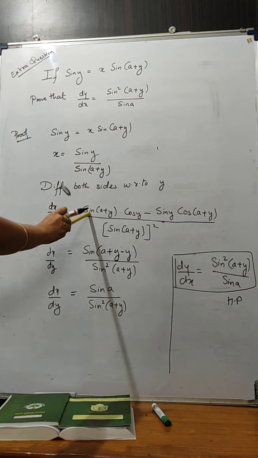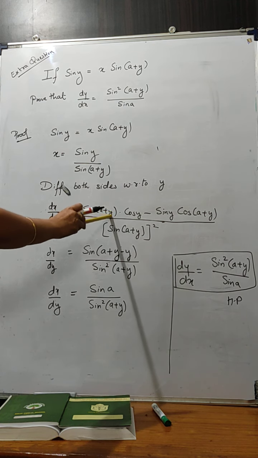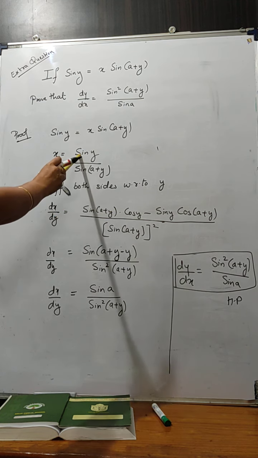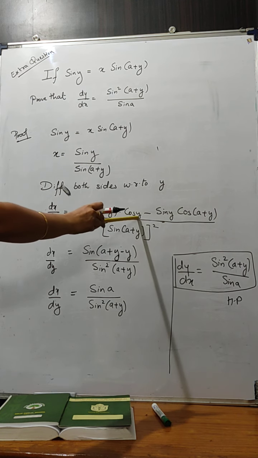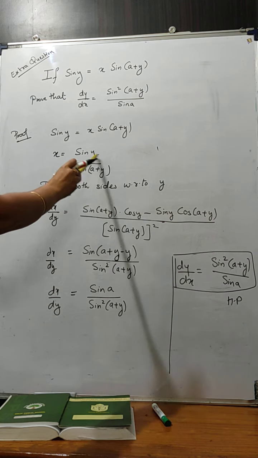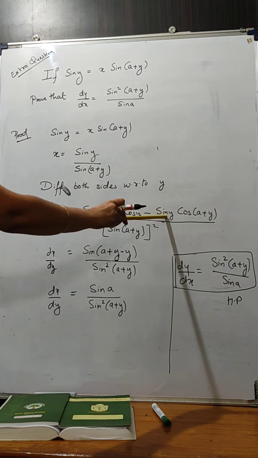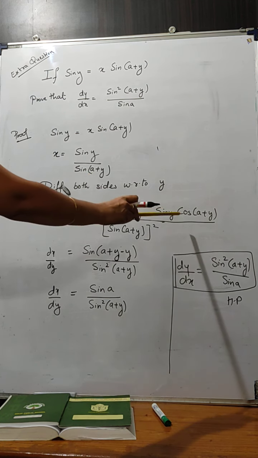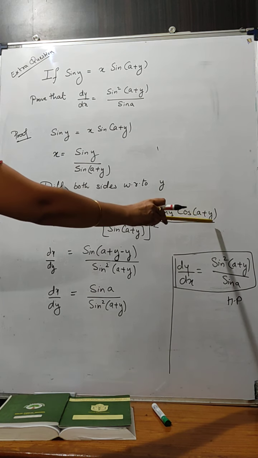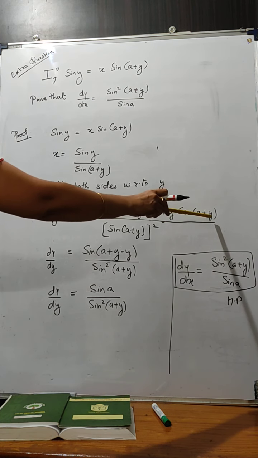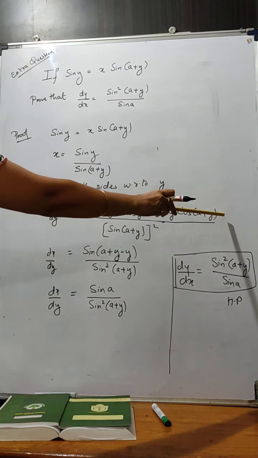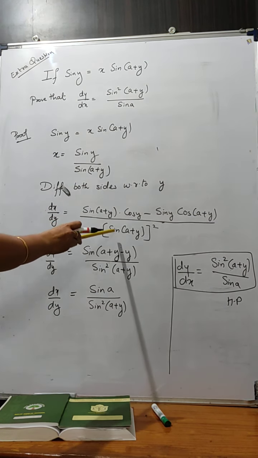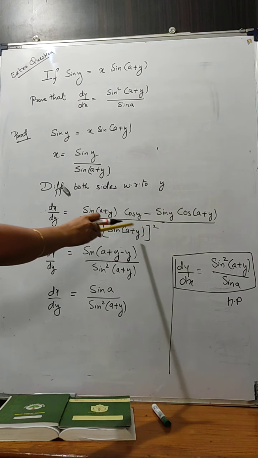So here we will be getting sin of a plus y into cos y minus the numerator sin y as it is, into differentiation of denominator, cos of a plus y. When we differentiate a plus y, a gives 0 and y gives 1, so no need of representing it further, whole divided by denominator the whole square.